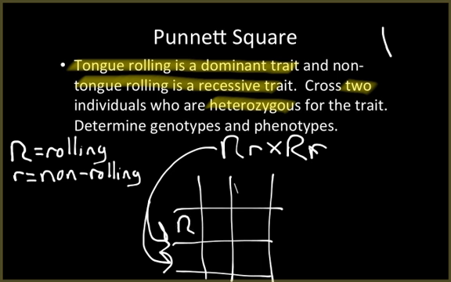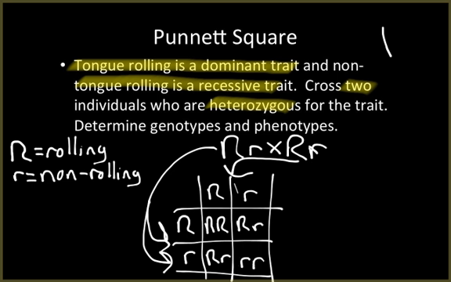So we're going to put big R there and little r there. Again, we're going to take each allele and put it into the top boxes. And then we're going to cross them and see what type of offspring we get from this. So here we're going to have big R, big R, big R, little r, big R, little r, and little r, little r.